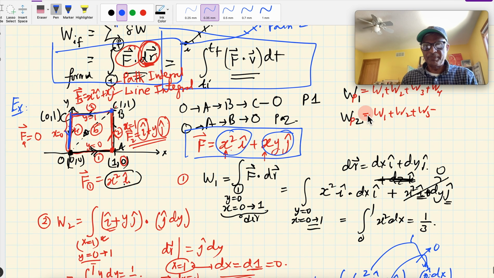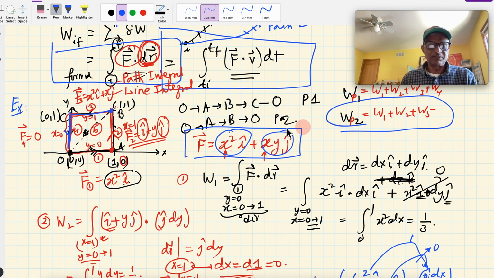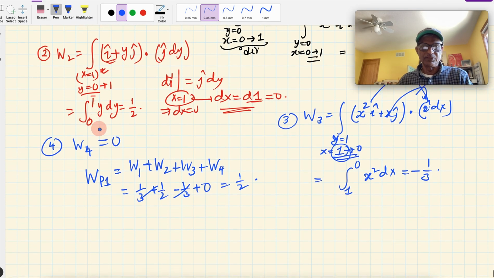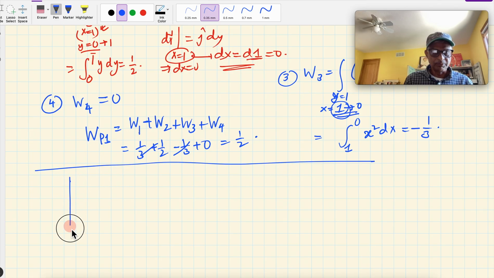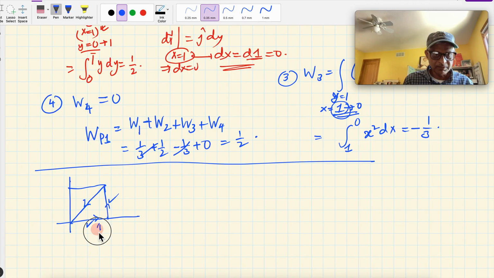Now let's work out this. So instead of going from here, we go this way, then I return through this diagonal path. Okay, the diagonal, we just think of this as a line. So there's a relationship between y and x on this one. We figured out 1 and 2, and now to figure out 5.